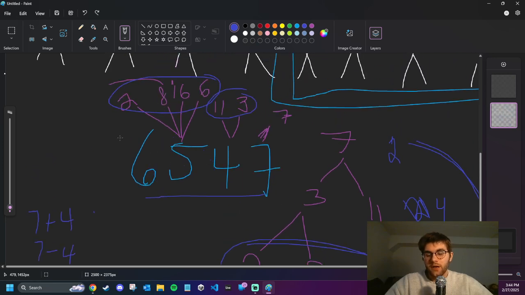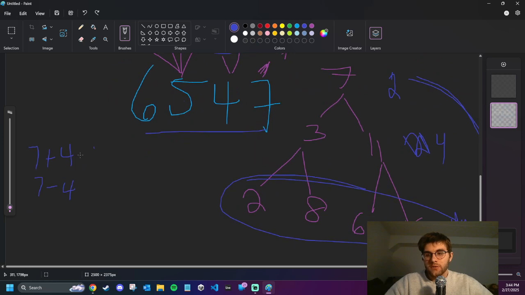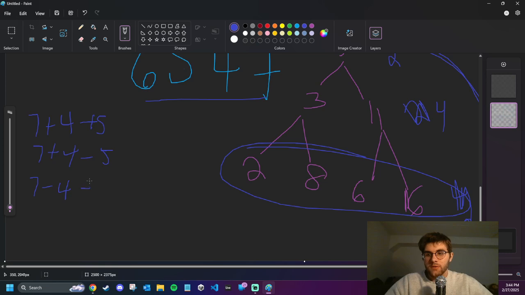Then when we add 5, it's 7 plus 4 plus 5 and 7 plus 4 minus 5. And then here it's 7 minus 4 plus 5, and here it's 7 minus 4 minus 5. So we can essentially encode this to, if 0 is plus and 1 is minus, 0, 0, 0, 1, 1, 0, 1, 1.